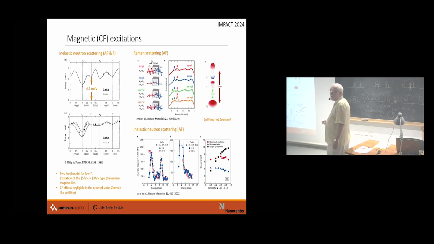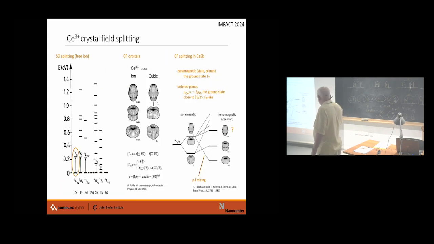Sorry, so there's no trigonal distortion on top of the cubic crystal field? I mean, here it's magnetic.